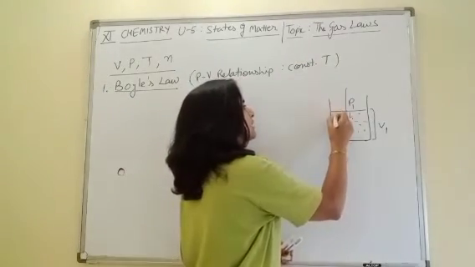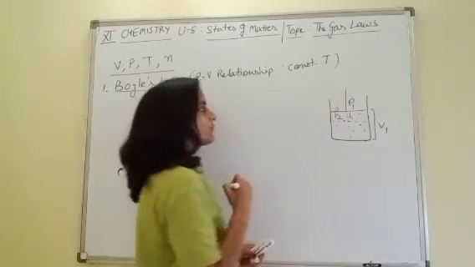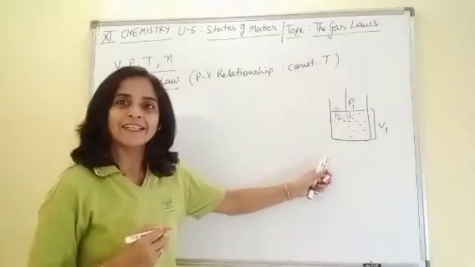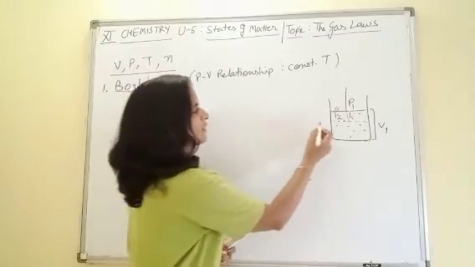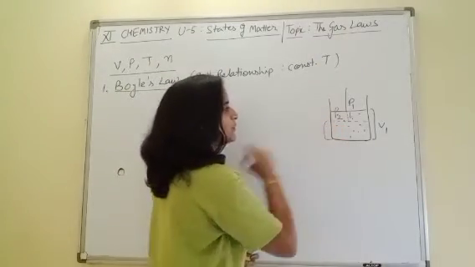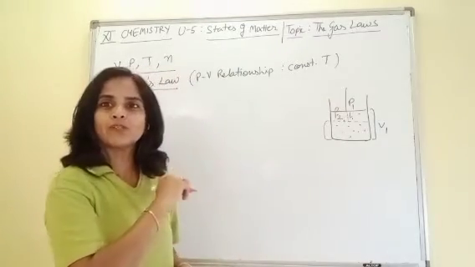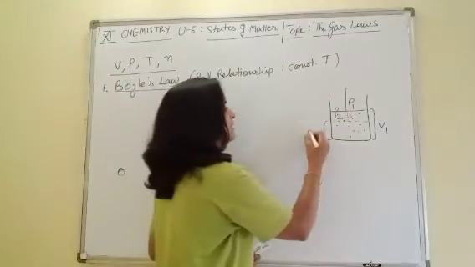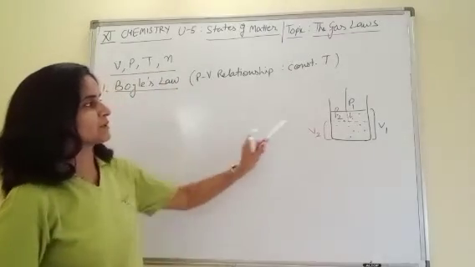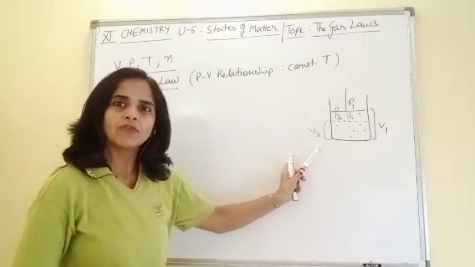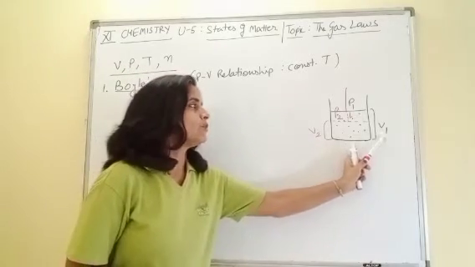Suppose now the pressure becomes P2. So now children, it's clear that on increasing pressure, the volume of gas reduces. Initially it was V1, now it becomes V2, and it's very clear from this diagram that V2 is less than V1.